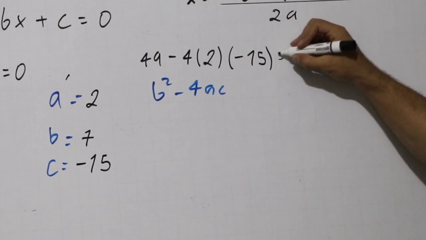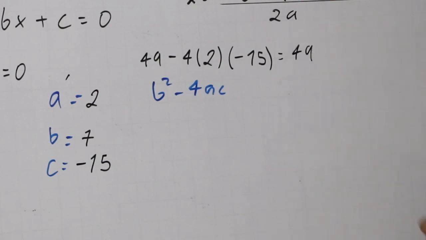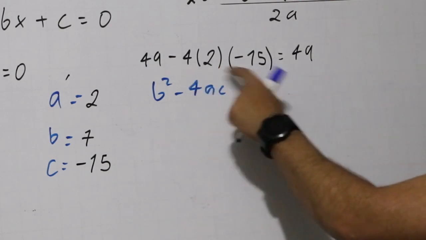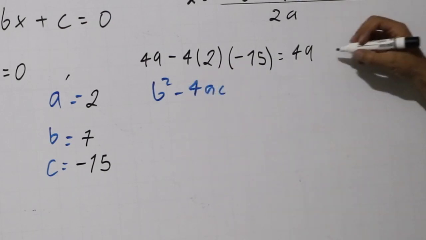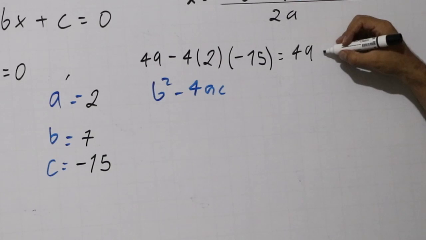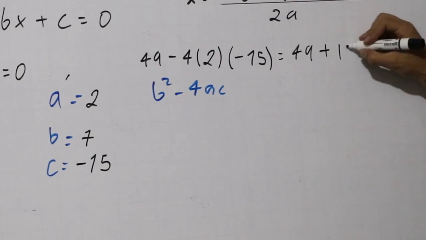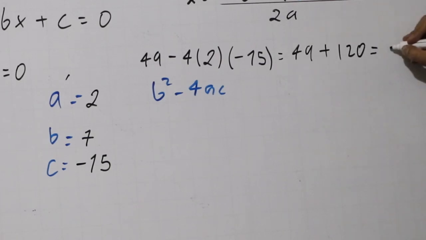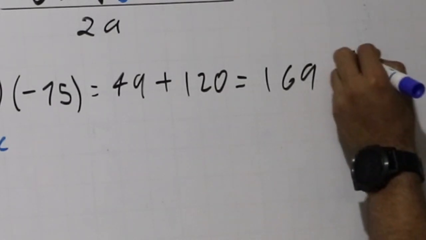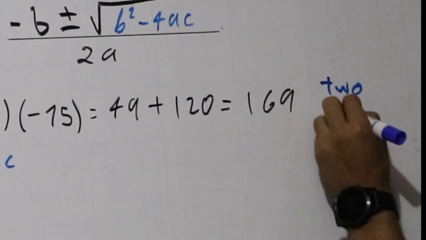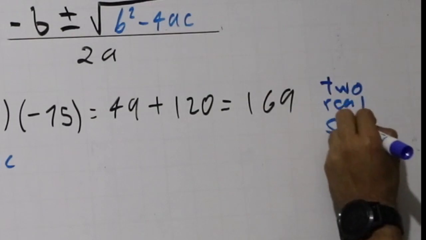So in the end we got 49, and we're going to get a positive number from this. 8 multiplied by 15, that's 120. So 49 plus 120, that's 169. So this number is positive. That means that the first case is going to be 2 real solutions.